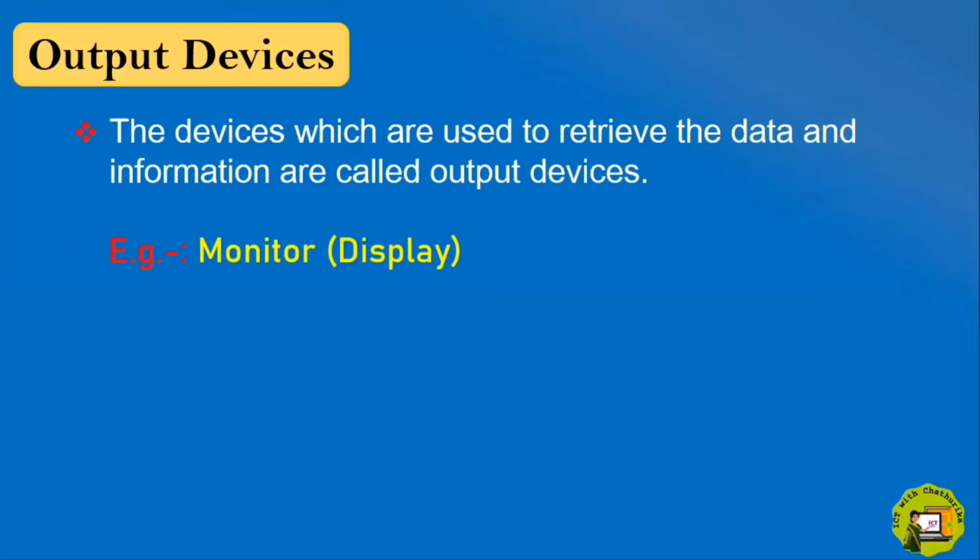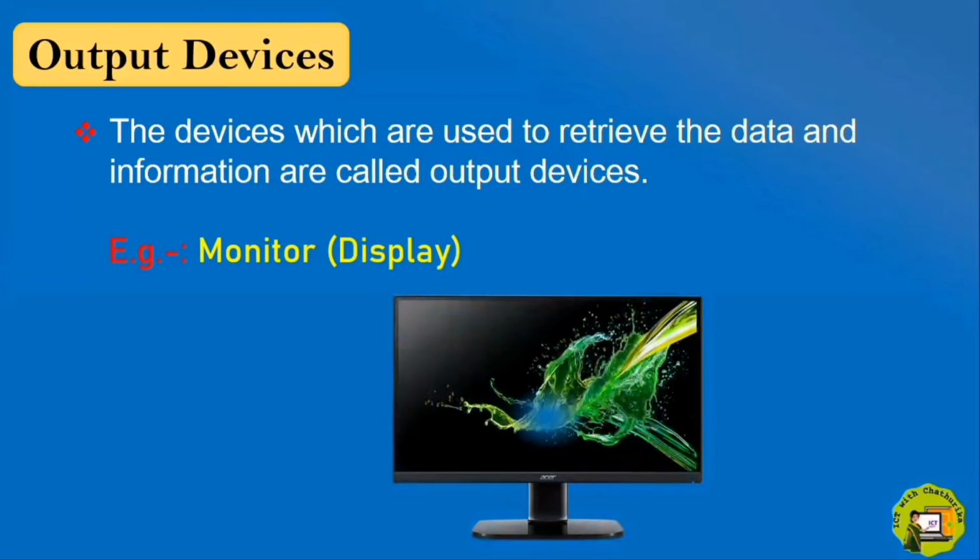Monitor or display. A monitor looks like a TV screen. It shows whatever you type on the keyboard or draw with the mouse. So this computer monitor is an output device.